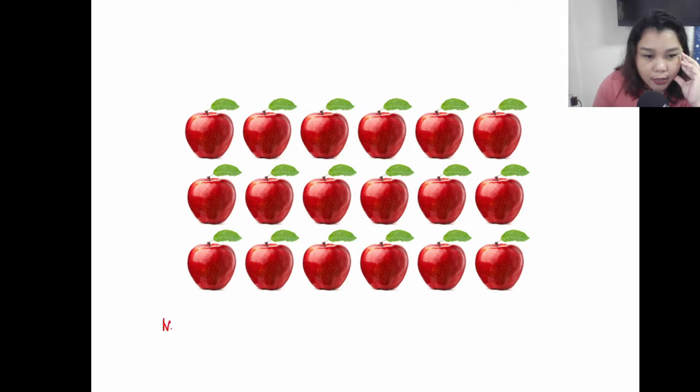Okay, so paano siya, halimbawa may duwang grupo nin blank equals 18.